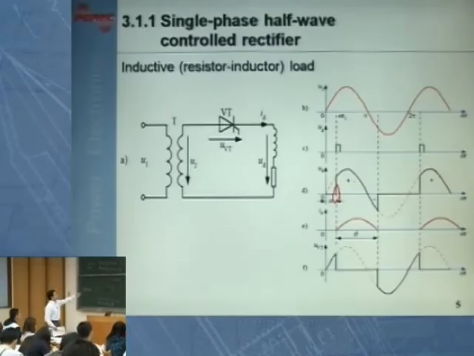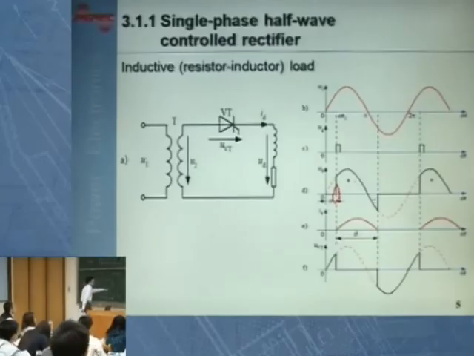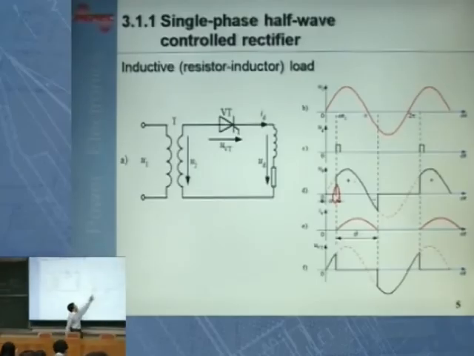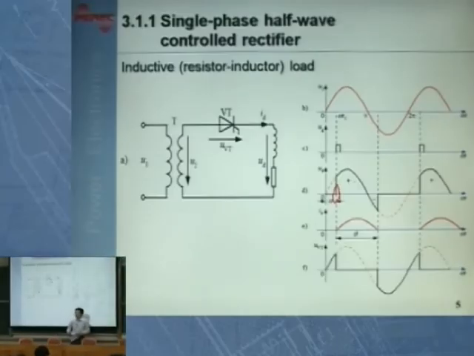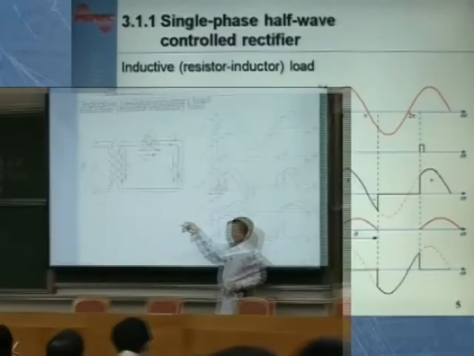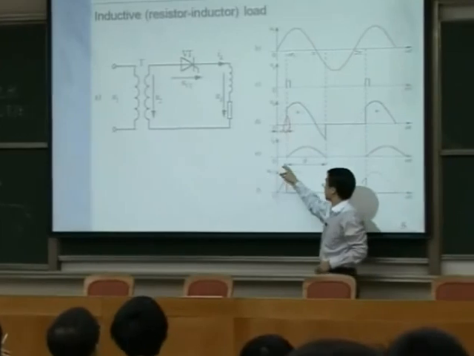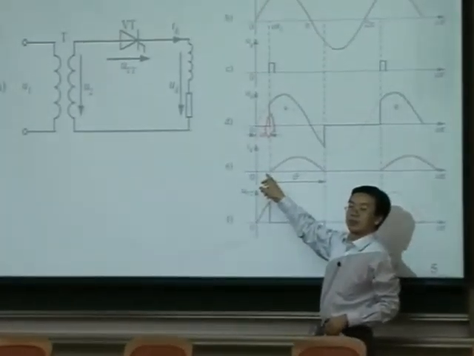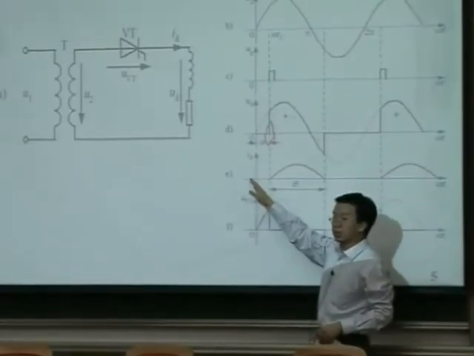Of course, because this is an inductive load, when the switch is turned on, the current flowing through this circuit will always increase from zero, because before that there's no current.